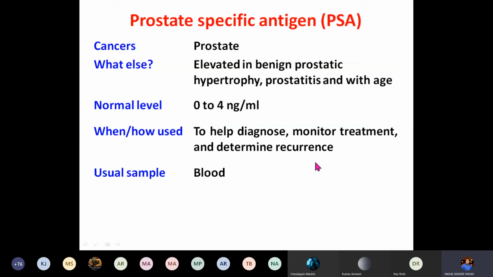For the diagnosis you can use PSA, but nowadays they are using the free PSA rather than the total PSA. Free PSA, which is present in our blood, is measured nowadays and is more specific for prostate cancer than the total PSA. The sample is blood. Normal range 0 to 4 nanogram per ml.